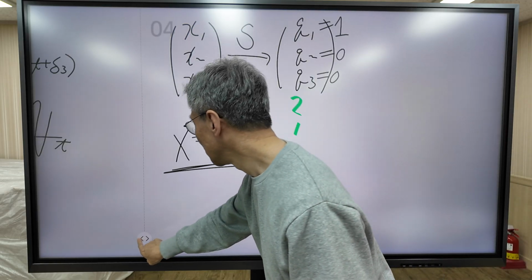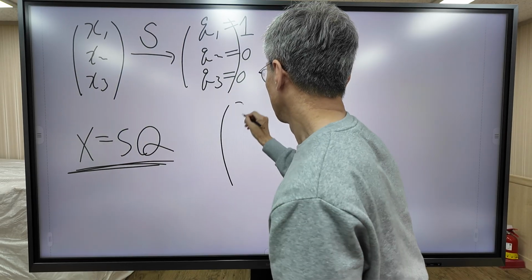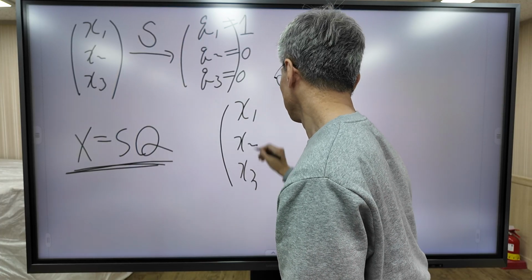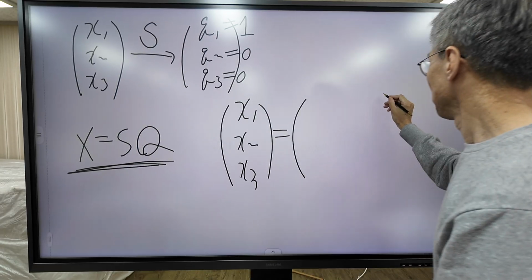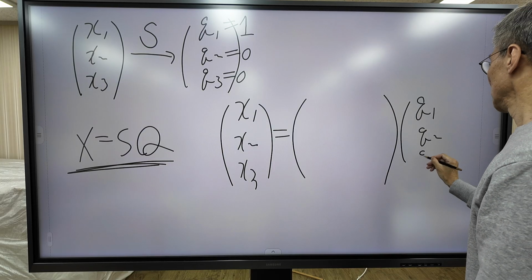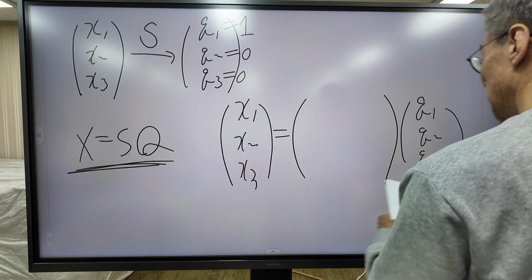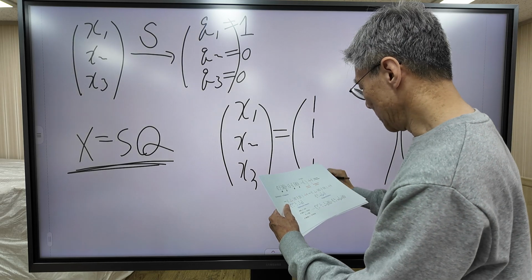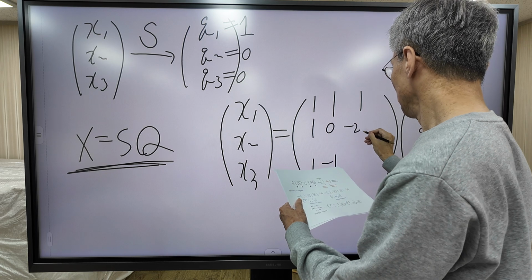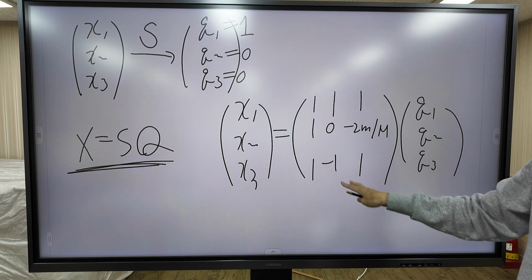So for S, x1, x2, x3, q1, q2, and q3, and S was 1, 1, 1, 0, minus 1, 1, 1. This is the matrix S.